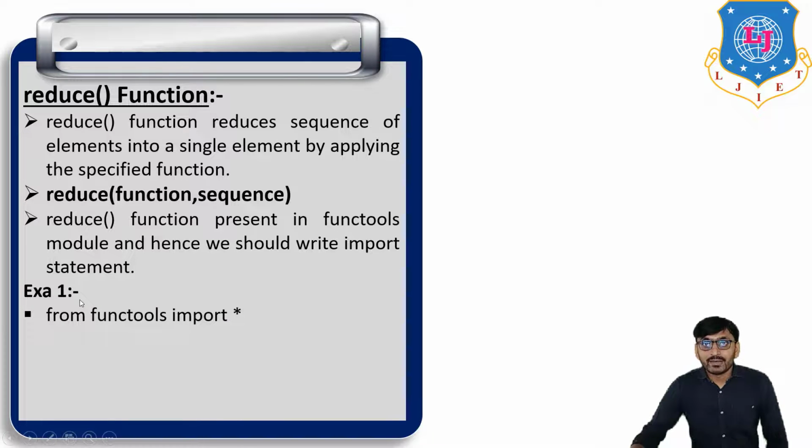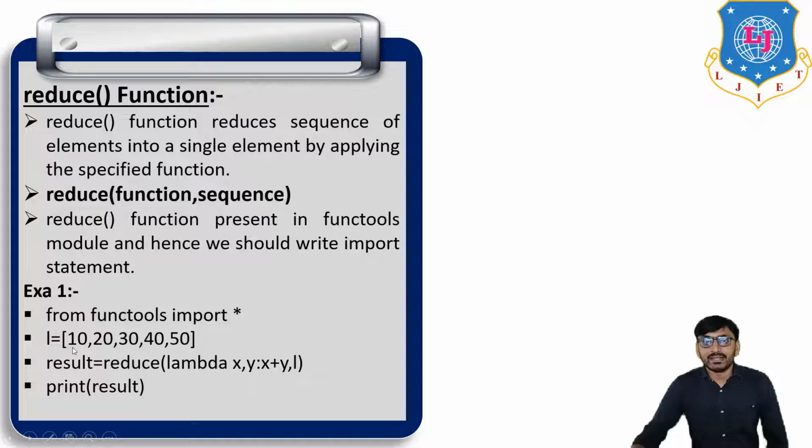Example number 1 for the reduce function: from functools import star. It means import everything from functools. Now L, that is one type of list, then result is equal to reduce, in the parenthesis lambda x y and expression x plus y and list, that is the sequence.